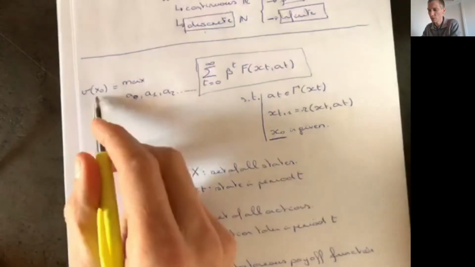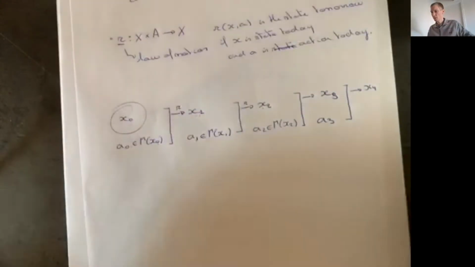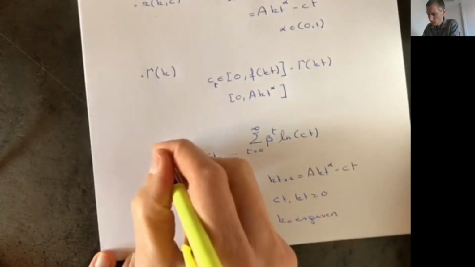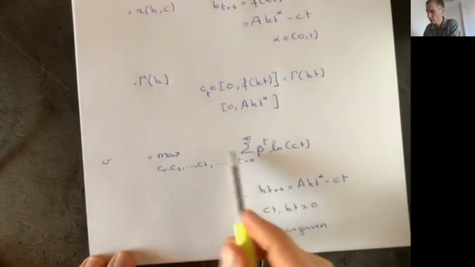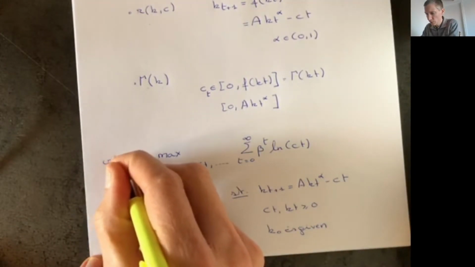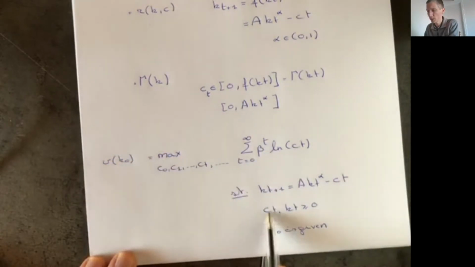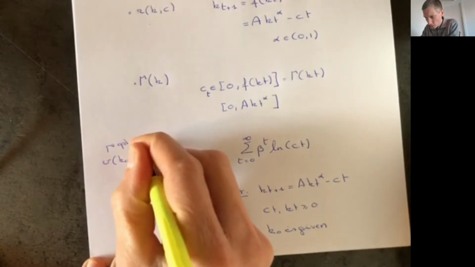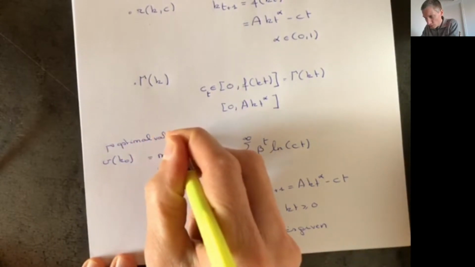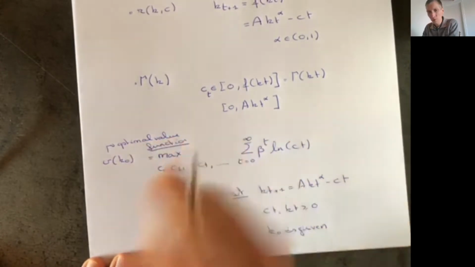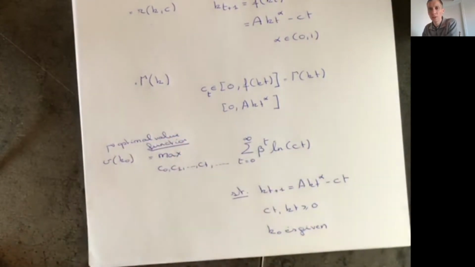It only has a single parameter. Similar here, the number that will solve this problem is only going to depend on k0, the initial capital stock. And we call this the optimal value function, which is a very important concept in dynamic optimization and in optimization in general.